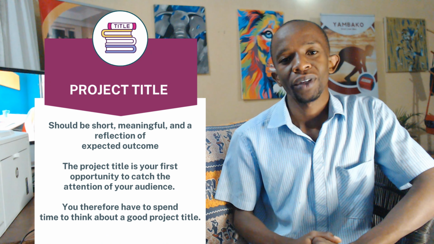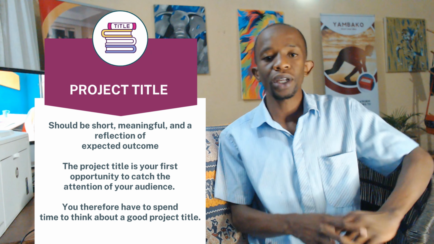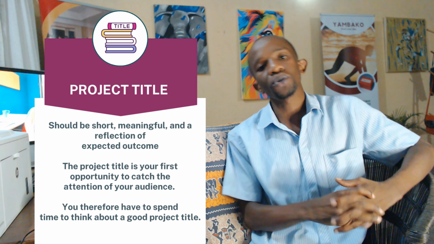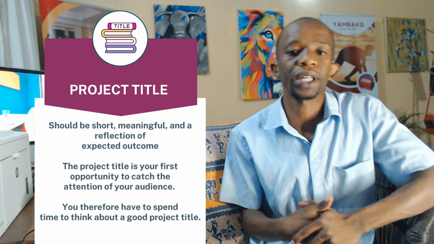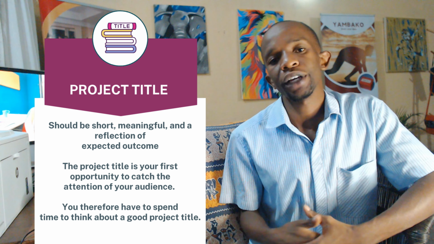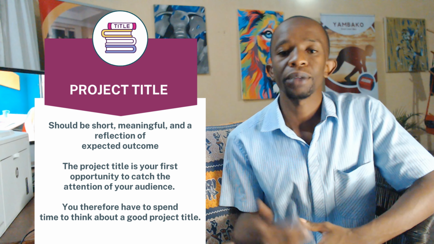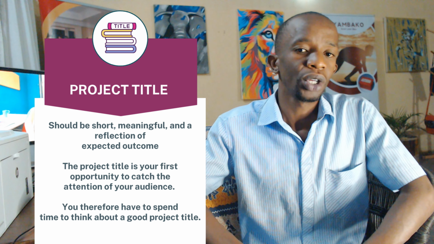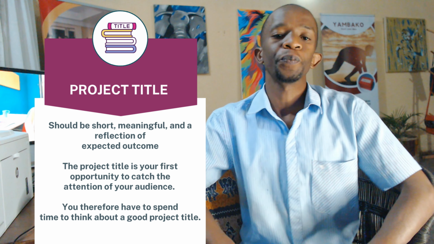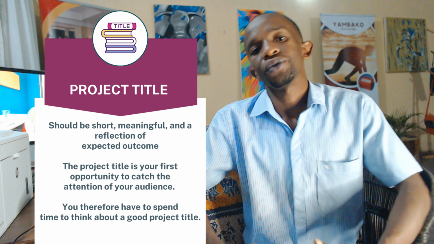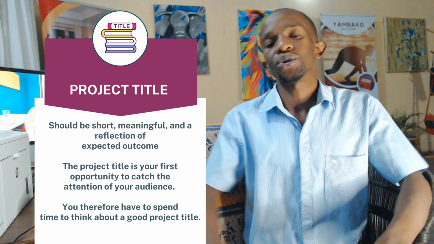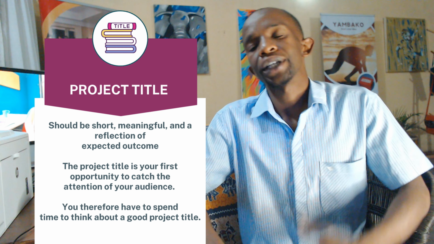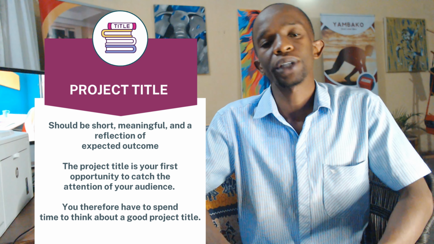Number 1, project title. So the first thing that you need to consider when writing a project proposal is to come up with the project title. What is going to be the title of the project that you have designed or developed? Whenever you're developing a project title, what are the most important things that you need to consider? You need to make sure that the project title itself is short, it is meaningful, but also sometimes you can develop a title that is a reflection of the project outcome.